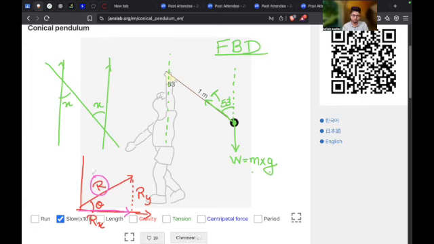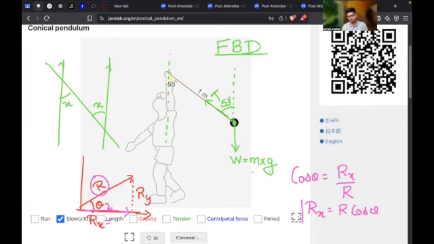We call this resolution of the vector. For Rx, I can use cos theta. Cos theta is the adjacent side, Rx, over the hypotenuse, which is known to us. So here also the resultant T is known to us and we have to split it. In this case Rx comes out to be R cos theta.